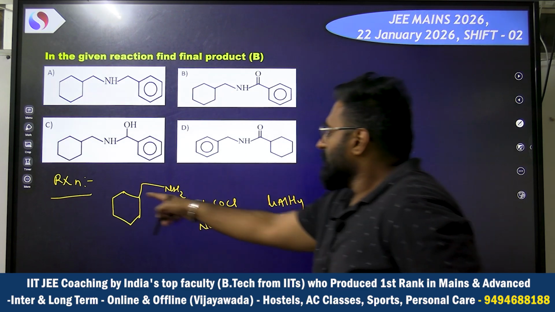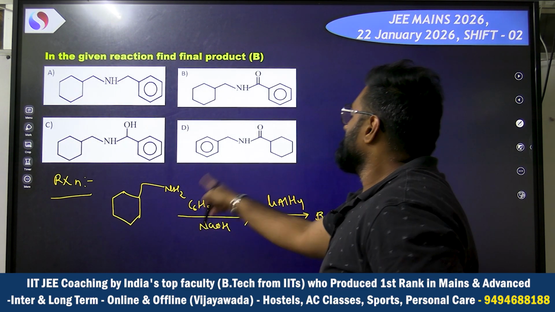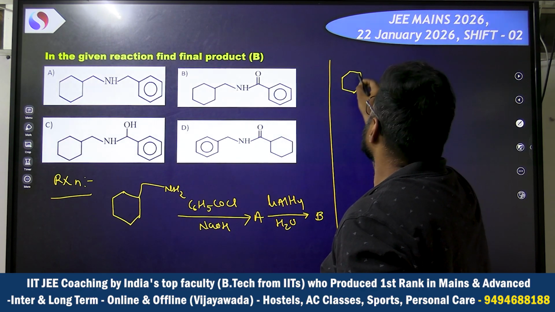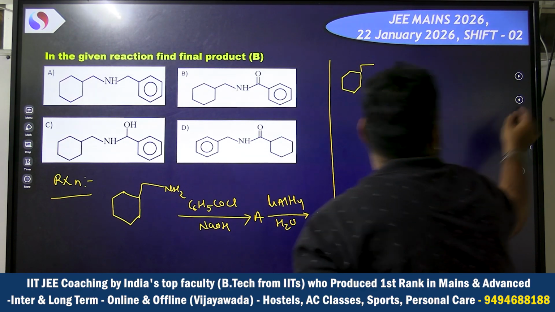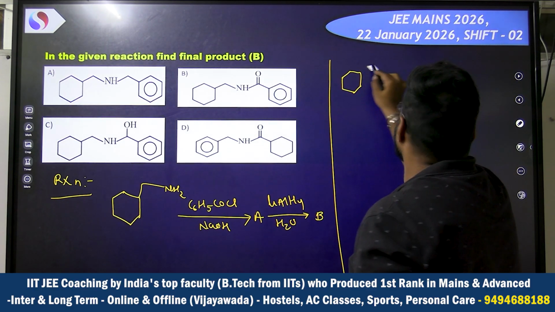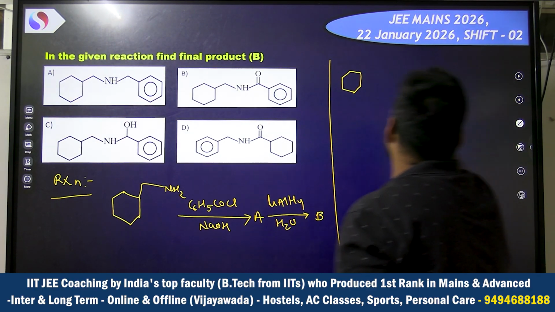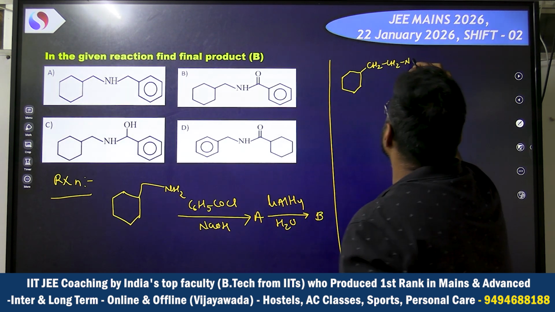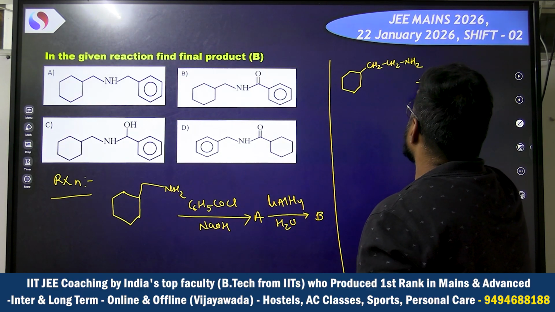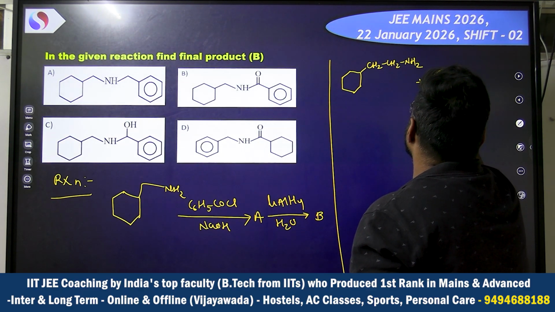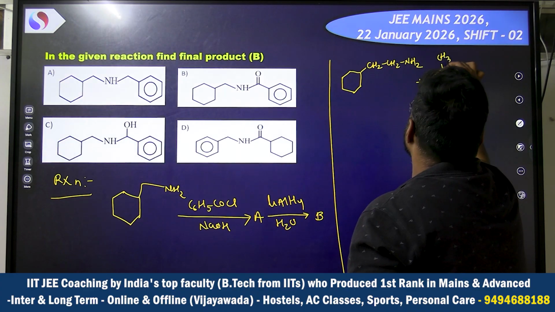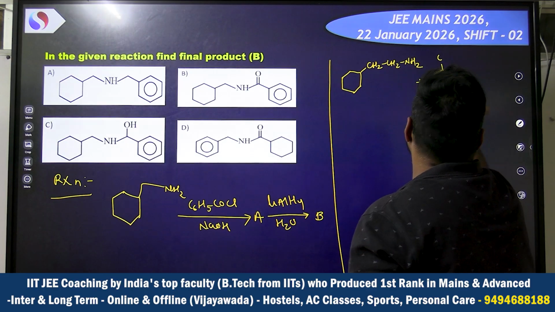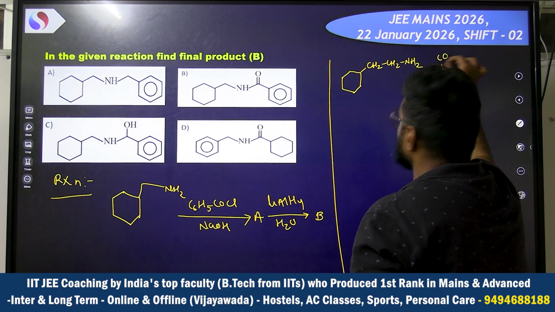So it is a simple question. When an amine reacts with benzoyl chloride, what will be the reaction? CH2 NH2 plus C6H5COCl.